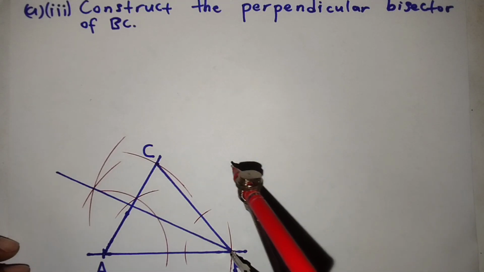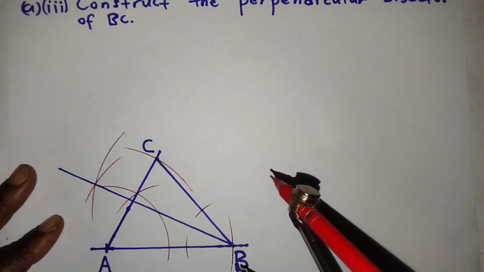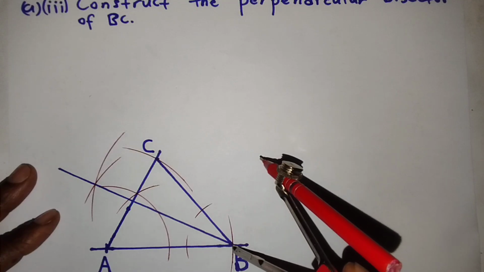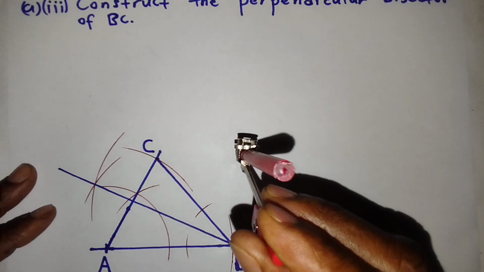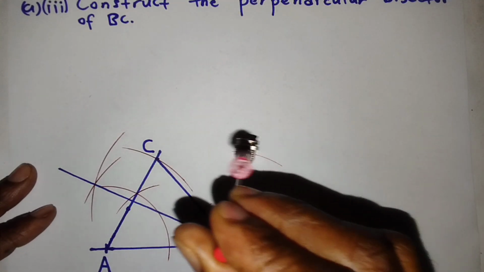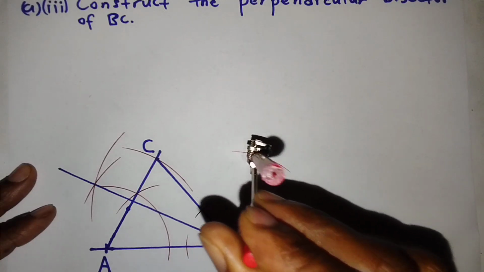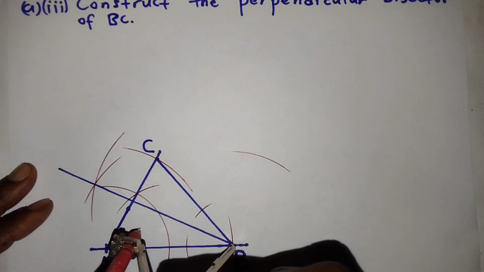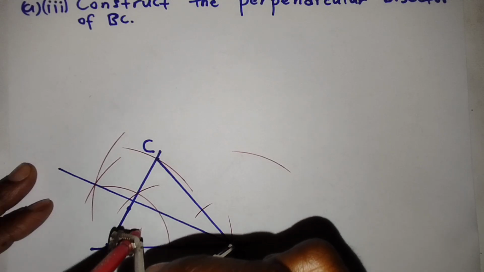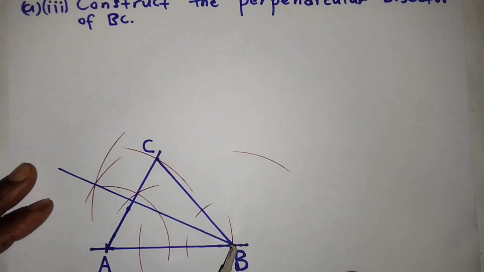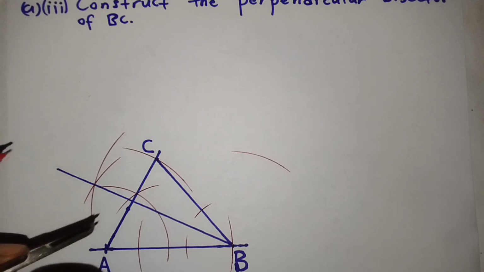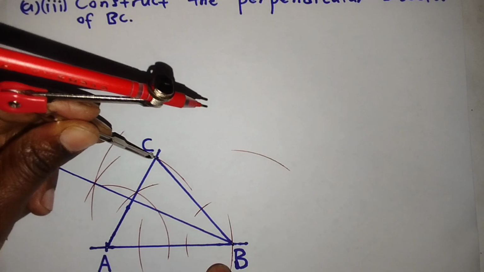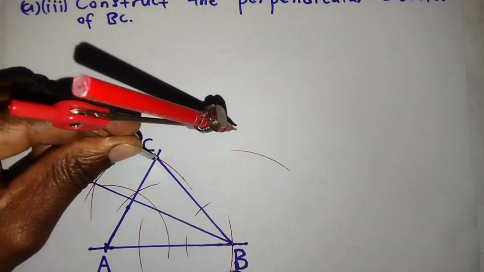Okay, so with B as my center, I will construct an arc here without changing the radius and the center. Another arc here. Okay, this one, and then I'll choose now C as my center.